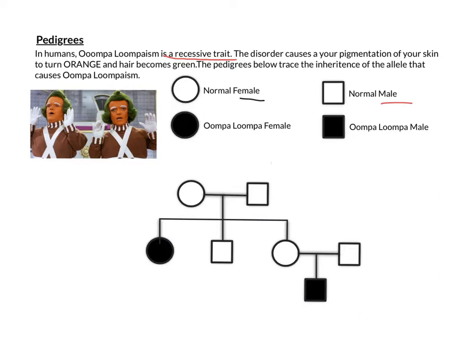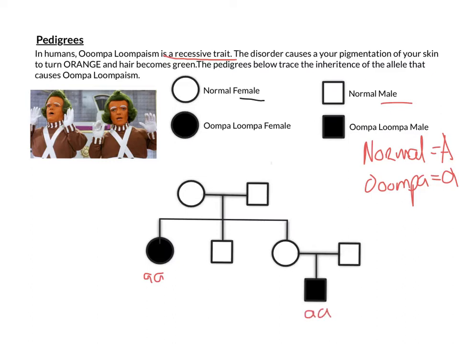So we're going to use a normal person to be a big A, and an Oompa Loompa is a little a. In order to be an Oompa Loompa, you have to be homozygous recessive. By looking at this family tree, you can immediately fill in the darkened shapes with a little a, little a.